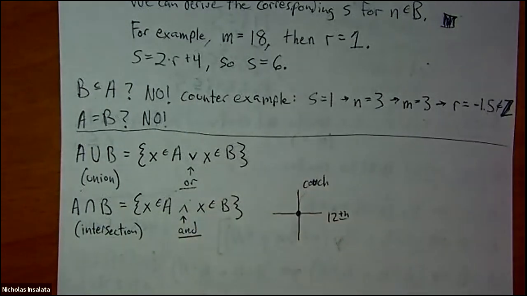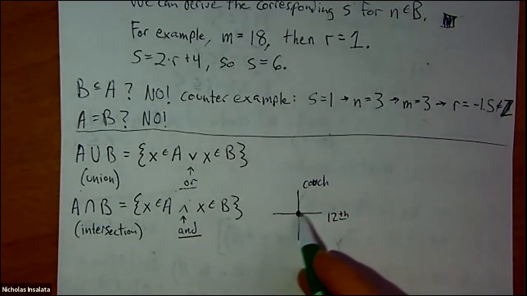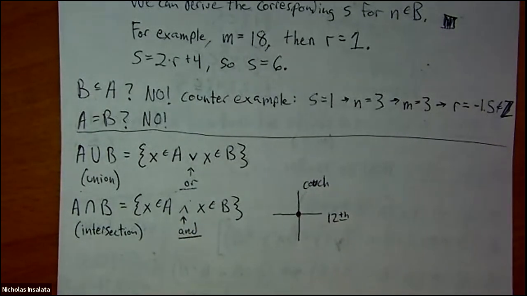I'm on both, right? Because I'm standing in the crosshairs. Is everybody happy with that? Any questions? Okay, so they really do mean the same thing as the English words.